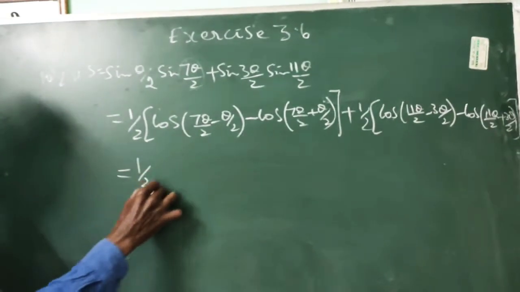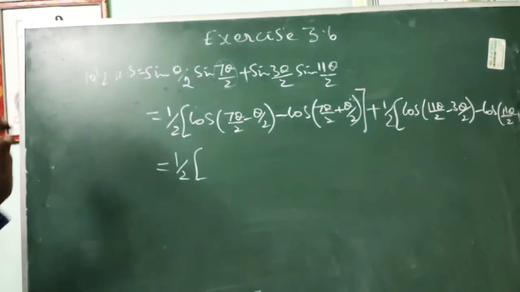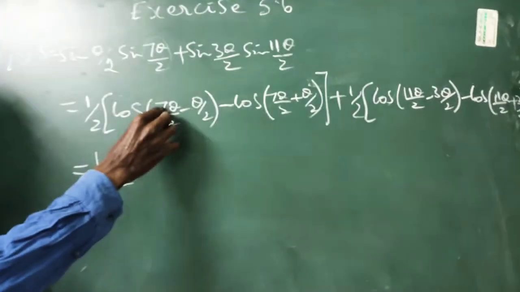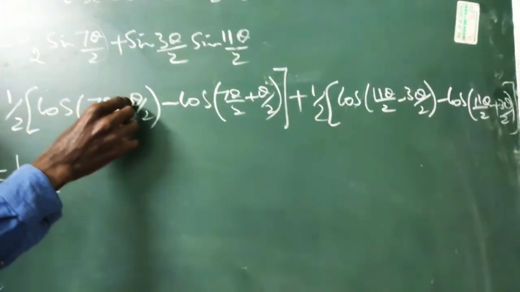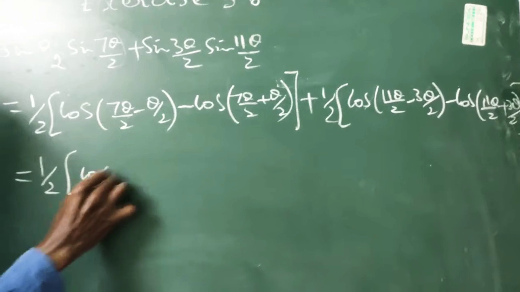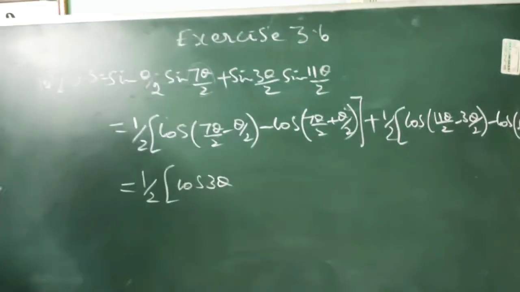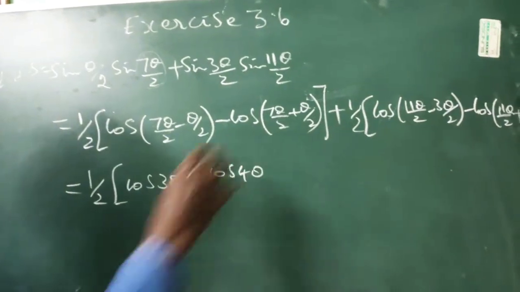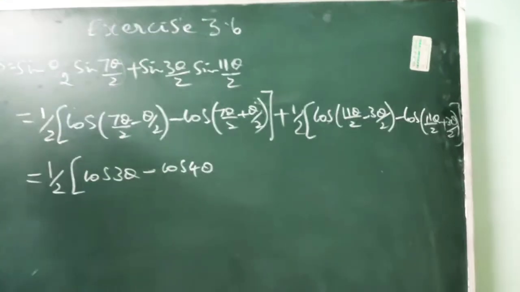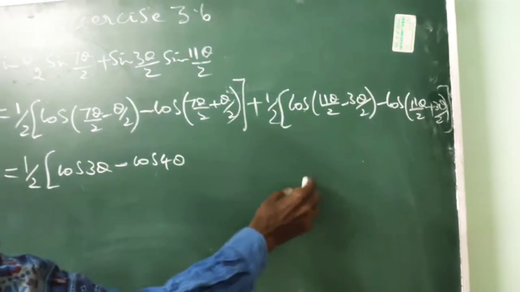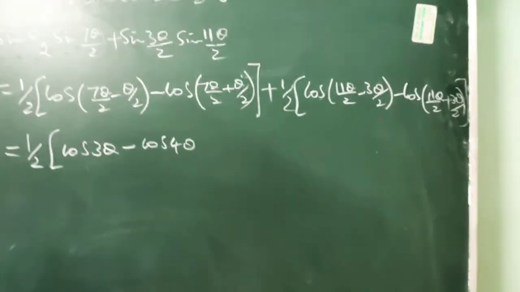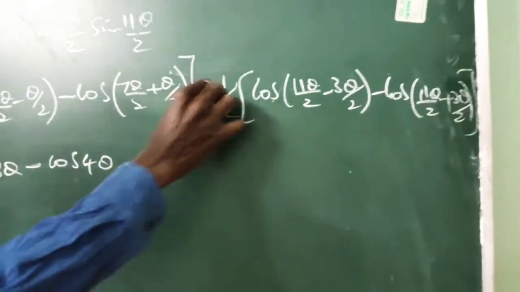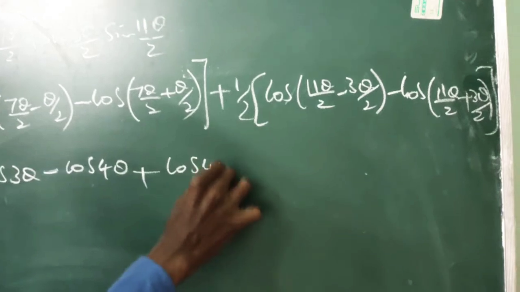If you take 1 by 2 as common, 7 minus 1 is 6, 6 by 2 is 3, cos 3 theta, minus 8 by 2 is 4, cos 4 theta. 11 minus 3 is 8, 8 by 2 is 4, so plus cos 4 theta.